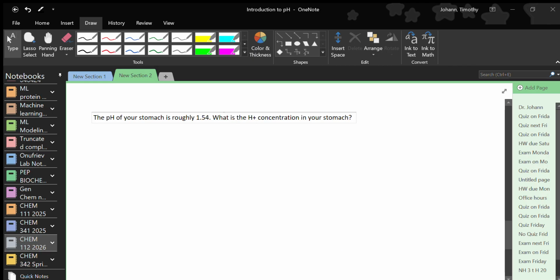So what we have, if we were to work that, is I did this the hard way, right? We're going to have to do an anti-log. So pH, I'm going to remind you, is negative log of H plus concentration. If I go down here and I say 1.54, that's equal to the negative log of H plus concentration. And now I need to get rid of my log, all right?